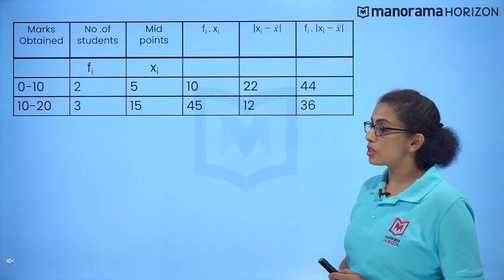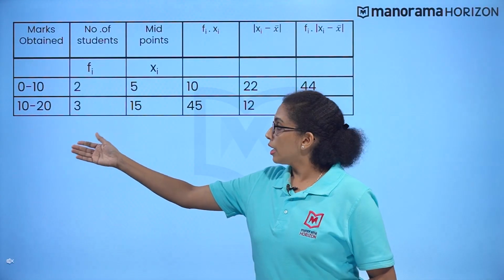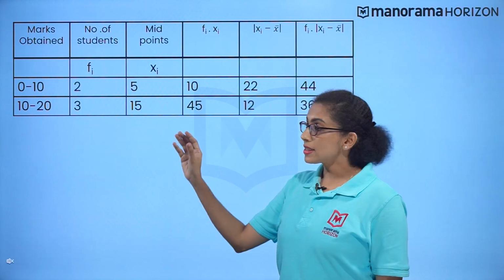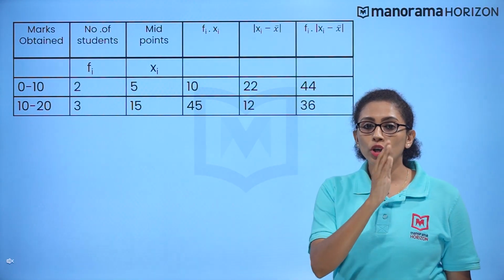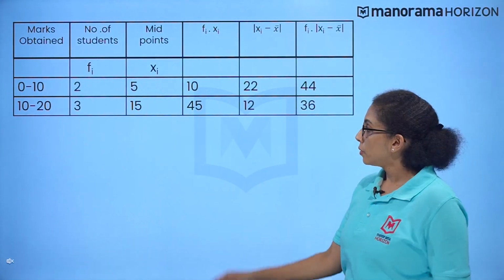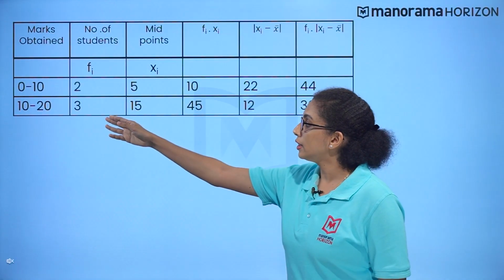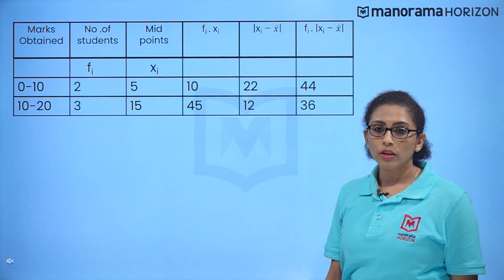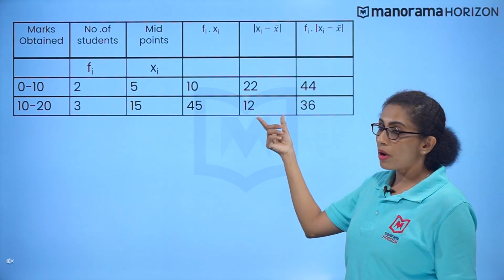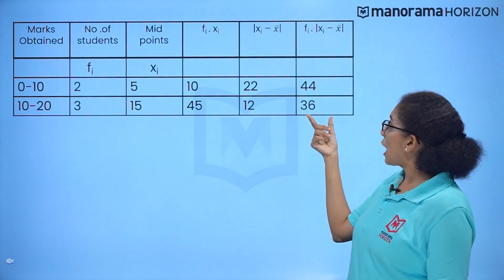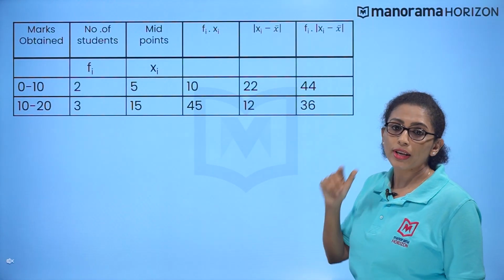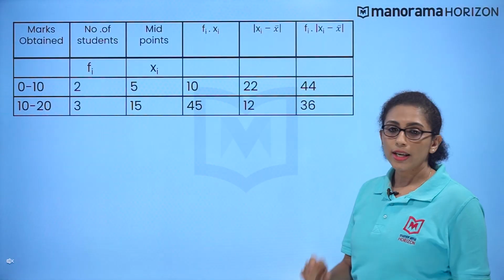Now for the class interval 10 to 20, Fi is 3, xi is 15. How? The midpoint of 10 and 20. Then Fi into xi will be 3 into 15, we get 45. Modulus of xi minus x bar is 12 and Fi into modulus of xi minus x bar is 36.